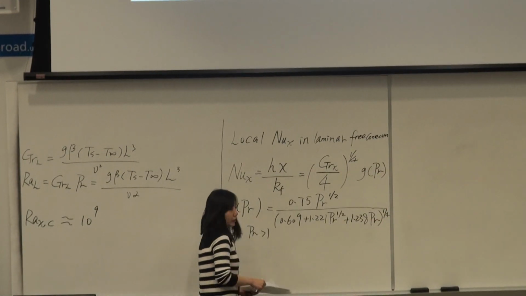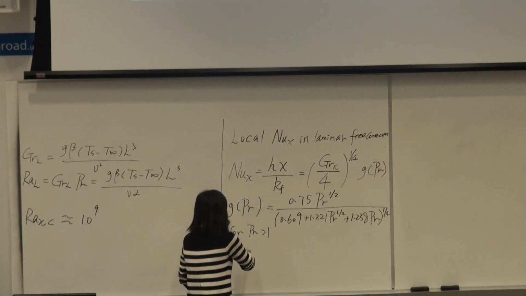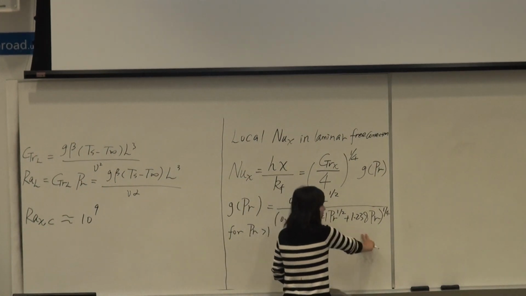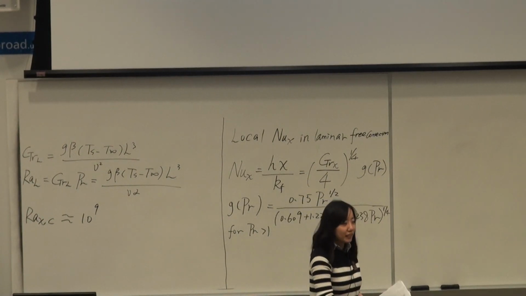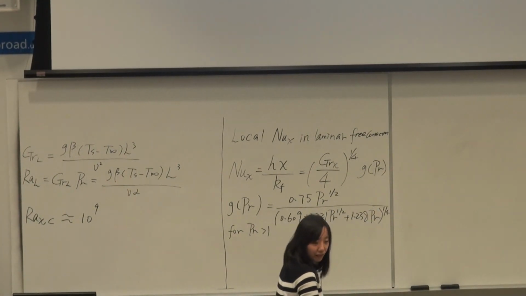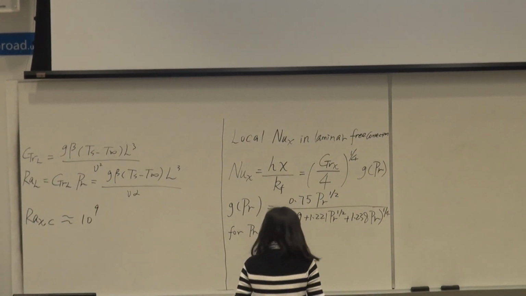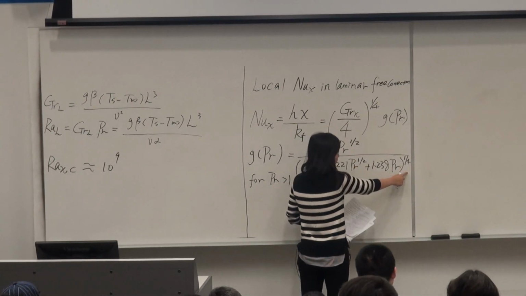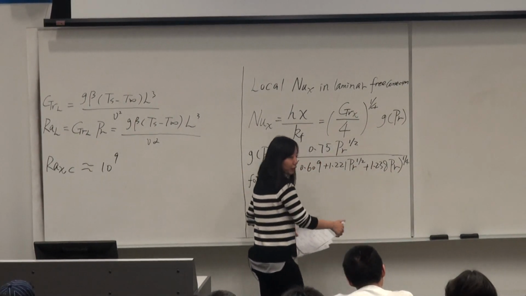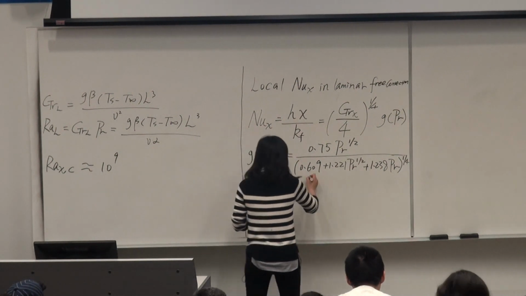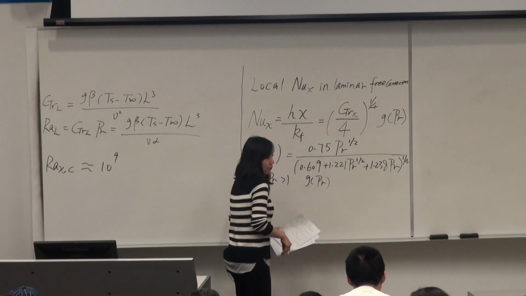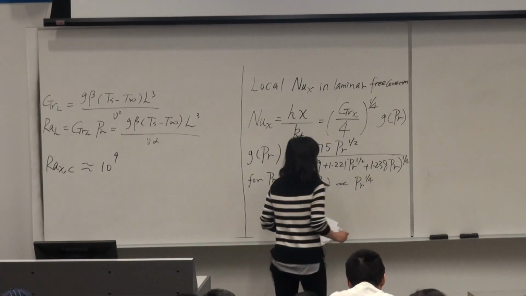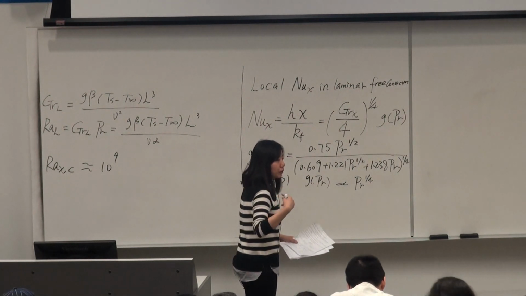Which term dominates? The Prandtl number, right? This one here. So we have Prandtl squared above, over Prandtl below, to a quarter. So for Prandtl number larger than 1, your dependence on Prandtl number is proportional to Prandtl number to the power of a quarter. That helps you understand.